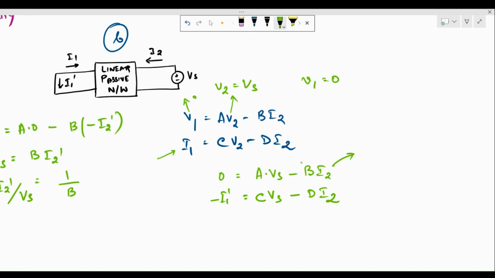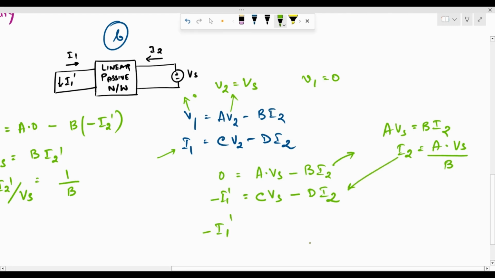From this equation, we can compute I2. So we know A Vs is equal to B times I2. Therefore, I2 is going to be equal to A into Vs by B. So if I'm able to replace this I2 over here, I would get minus I1 dash is C Vs minus D into A Vs by B.